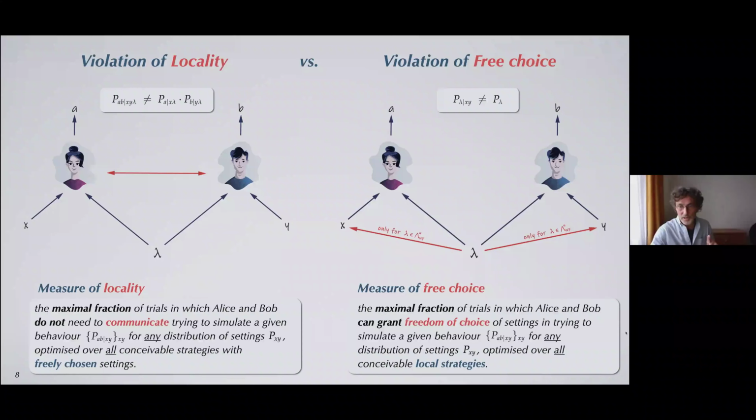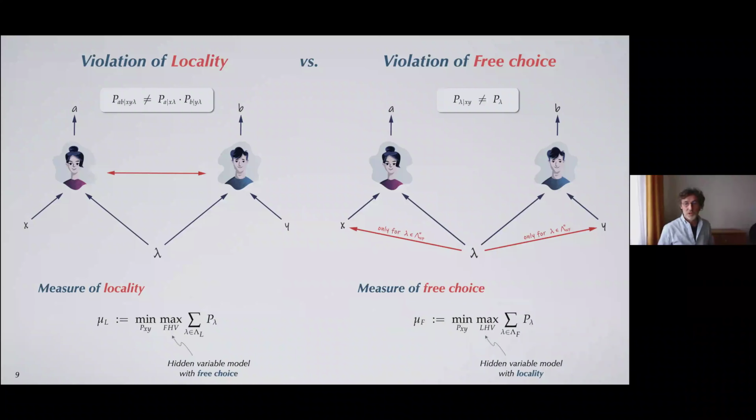And similarly, for freedom of choice, I will define the measure of free choice as the maximal fraction of trials in which both of them can be free, trying to simulate the given behavior. I'm asking the measure of locality and the measure of freedom of choice for any distribution of settings, optimized over all conceivable local strategies. So how to put it into mathematics?